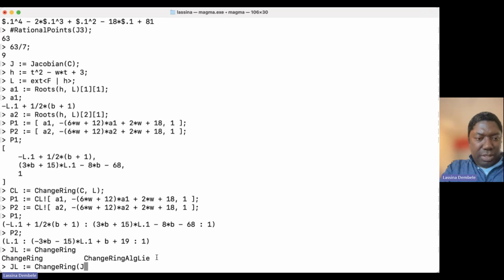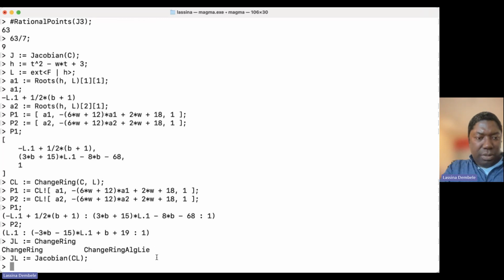It would be simpler to just take the Jacobian of C_L.